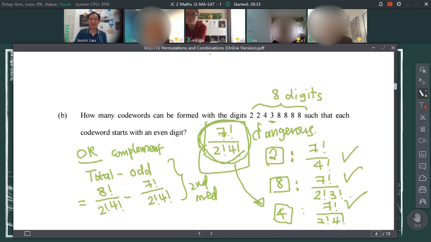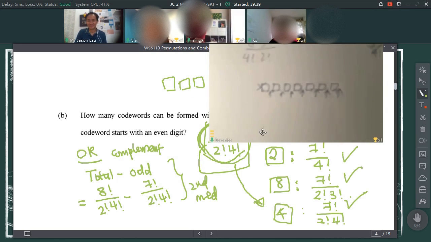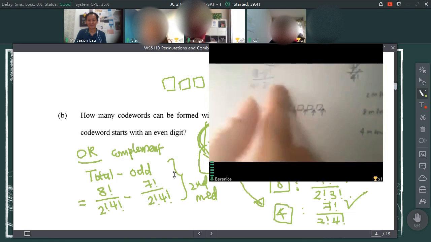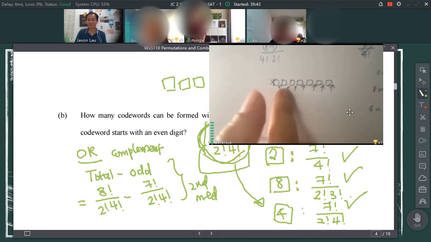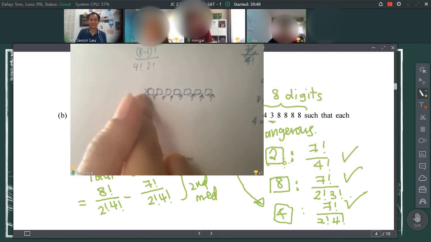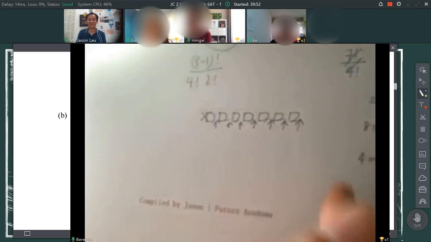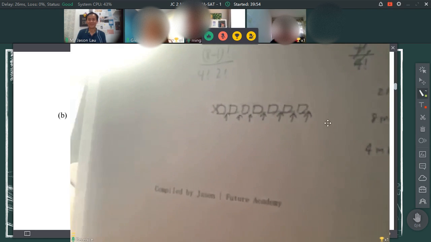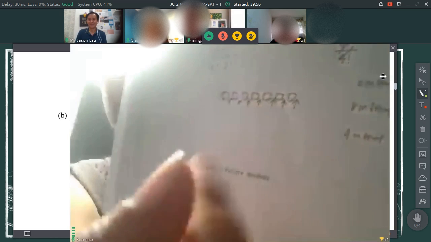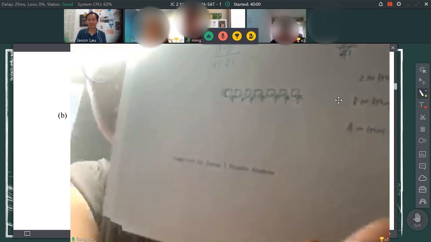She's trying to say, I have a picture here. These are all the even numbers. The 3 can be in any of these slots except the front, because 3 cannot be in front. So it's 1, 2, 3, 4, 5, 6, 7. Then you times it by the first one, 7 factorial over 2 factorial 4 factorial. Is that possible?